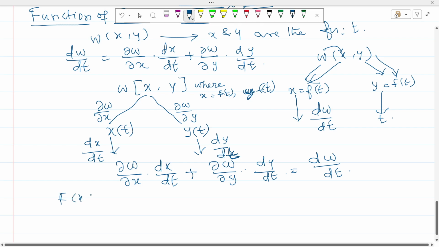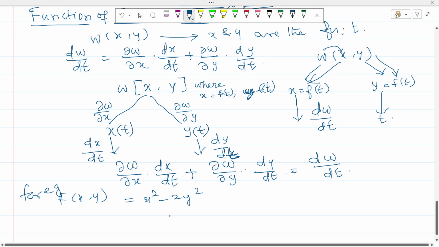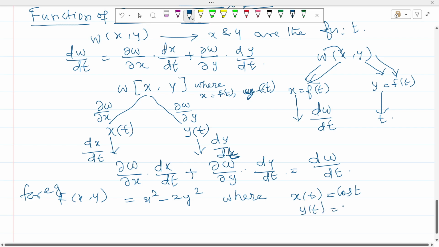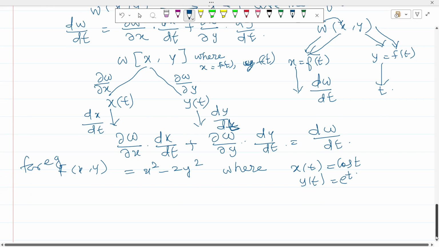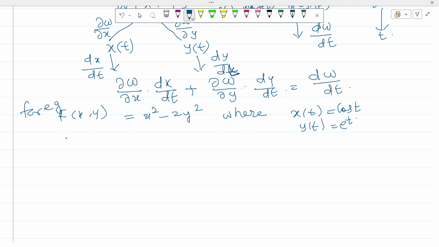By using one simple problem, we'll see how to find this. For example, f of x comma y equal to x square minus 2y square, where x of t equal to cos t, y of t equal to e power t.